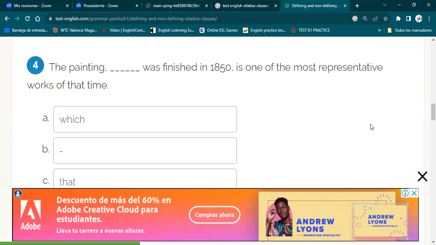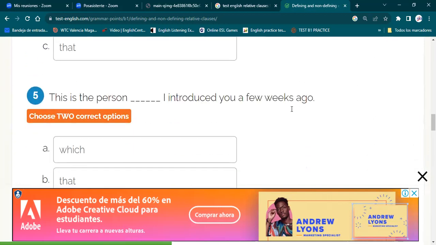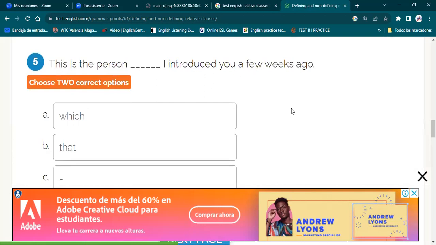Guido, the painting was finished in 1850, is one of the most representative works of that time. Which? Which was finished. Two options, Maria. This is the person I introduced you a few weeks ago. Which, that, or nothing? There are two correct options.